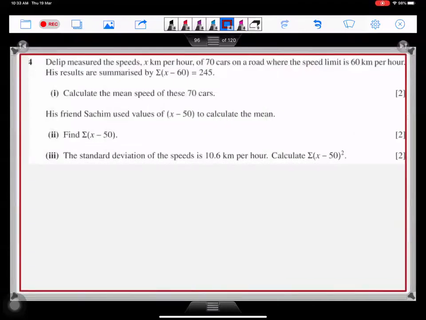Okay. Now, first of all, you would say, let y is equals to x minus 50. Y we have already used. Let's use w. Therefore, this thing is sigma w. Therefore, if I want to calculate, first of all, I can say w is x minus 50.